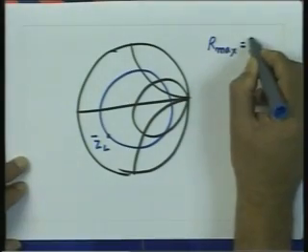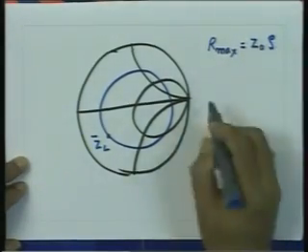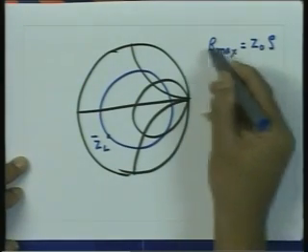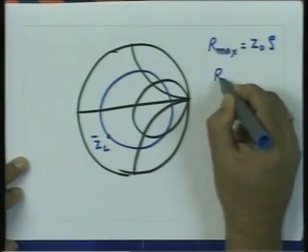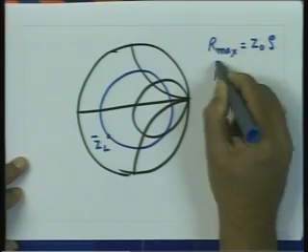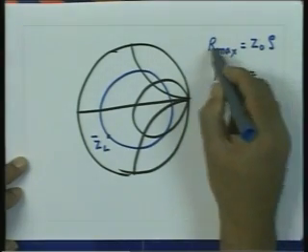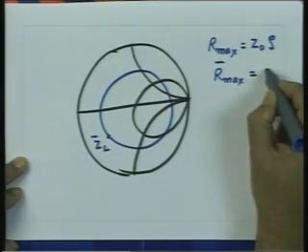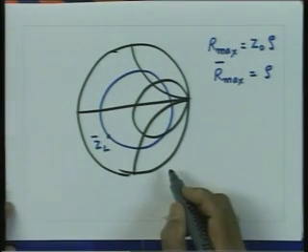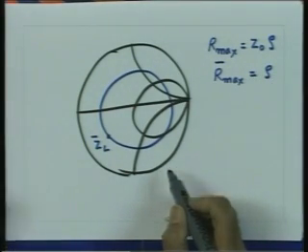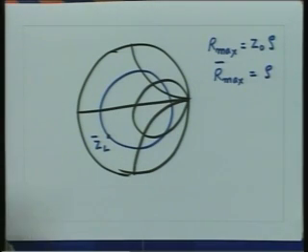So, we have R max which you see on the line, which is equal to Z0 into the VSWR, or in terms of normalized quantity, R max divided by Z naught is equal to rho. So, the maximum value of the resistance in terms of normalized quantity is nothing but the VSWR.